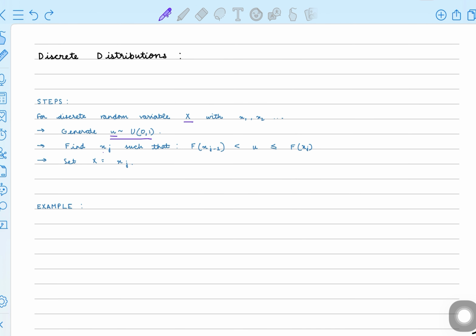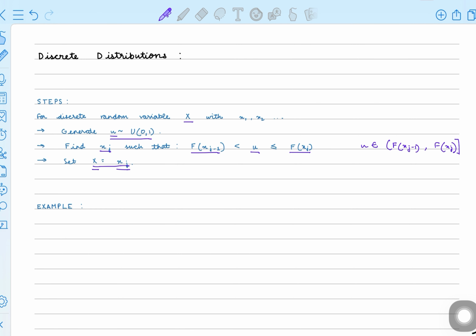After that, we find xj such that the random value u which was generated earlier lies between F(xj minus 1) and F(xj). Then we assign our random variable X equal to xj.